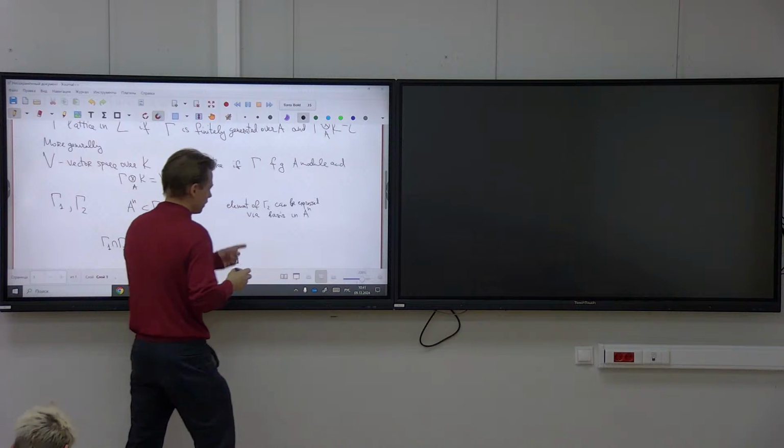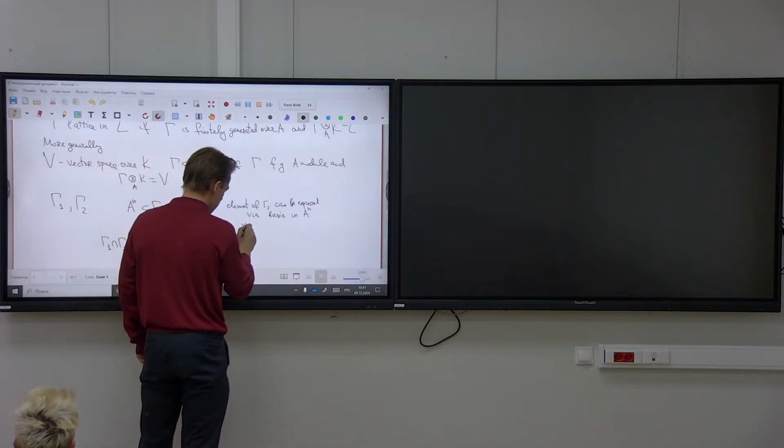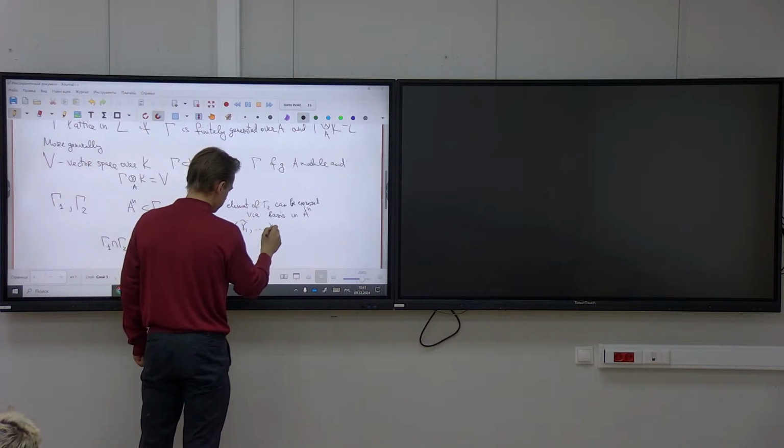So you can express elements of gamma 2 via the elements in the AN fixed basis.